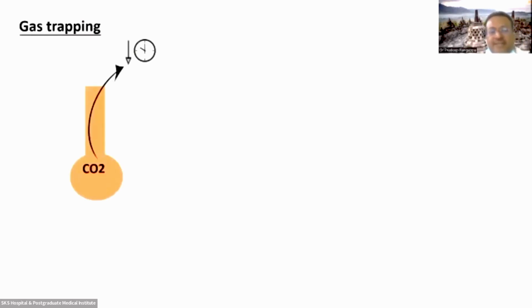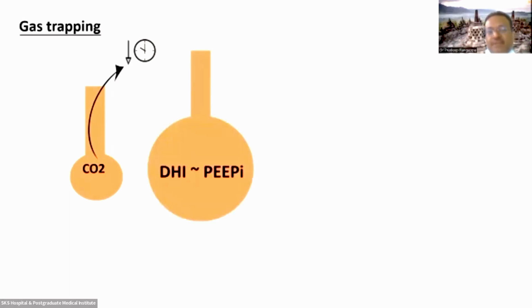In COPD, as I said, the whole problem is for the carbon dioxide to come out, and there is difficulty for the carbon dioxide to come out, and many times there is reduced time available for this carbon dioxide to come out in these patients. Because they are breathing so fast and there is reduced time available, there is more trapping of this carbon dioxide within the alveoli.